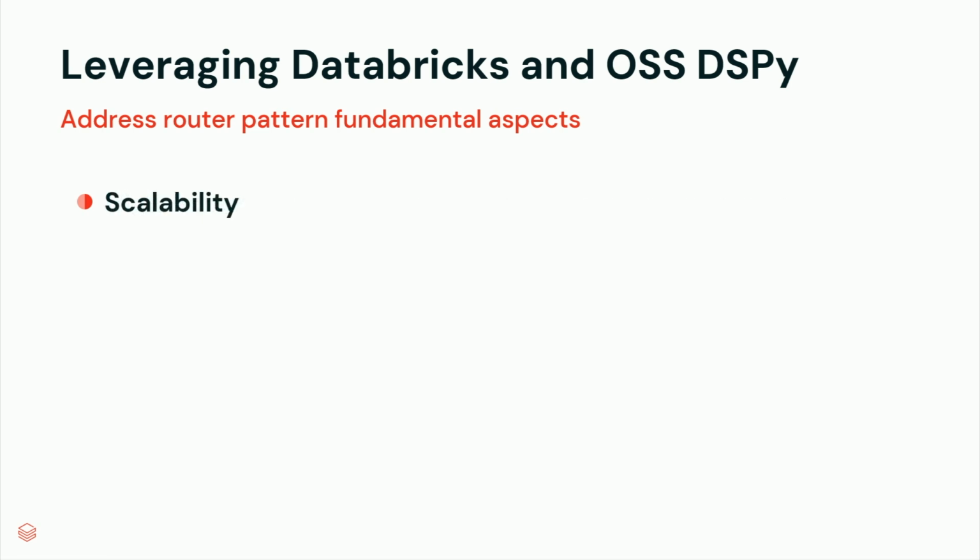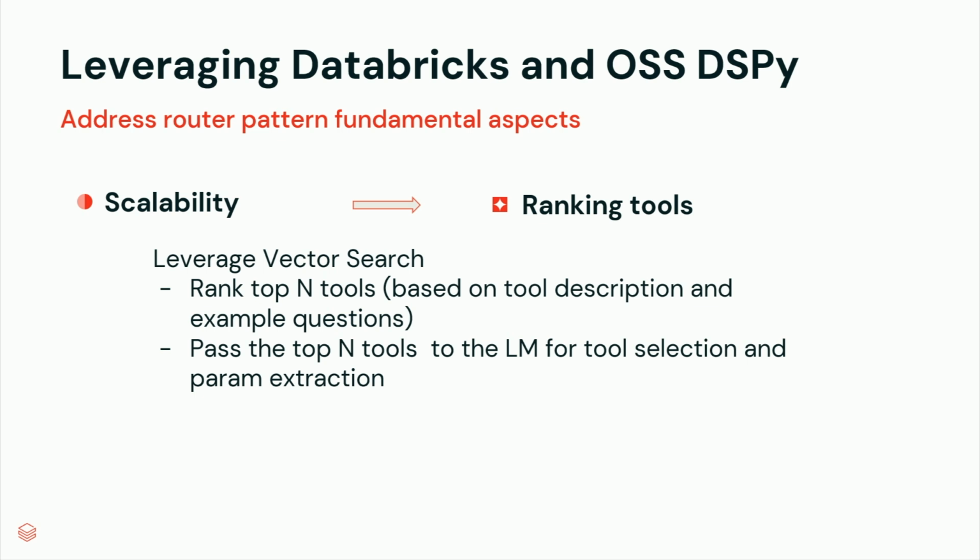On the scalability side, what we can do is rank the tools based on the question. So we could leverage vector search, Databricks vector search, to see which tools are more likely to be useful based on the semantic similarity to the question. So this won't select the tool per se, but it will allow you to diminish the number of tools that you're passing to the router, therefore making the prompt a lot smaller.